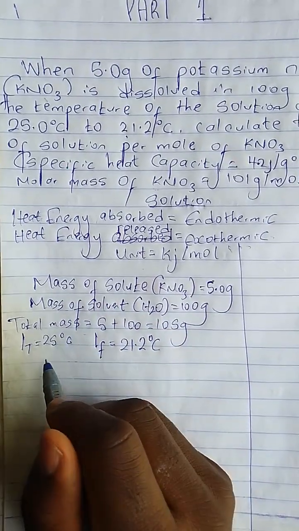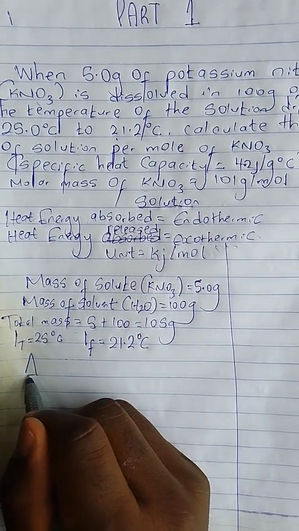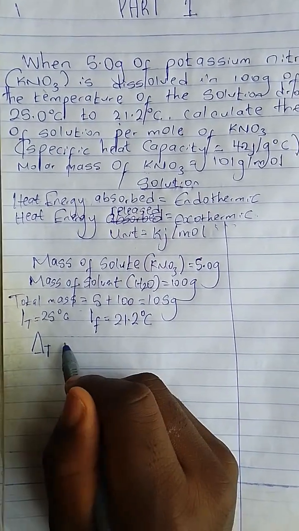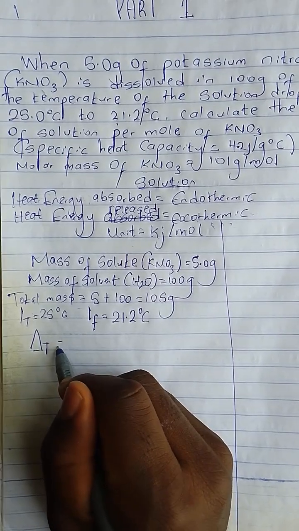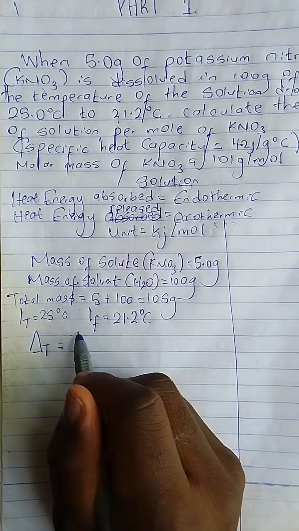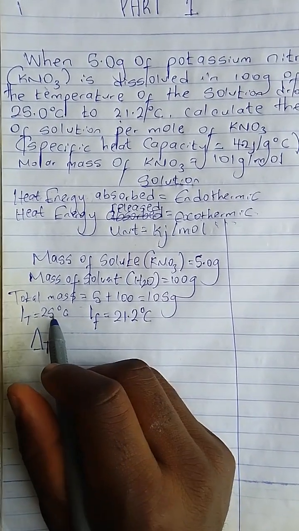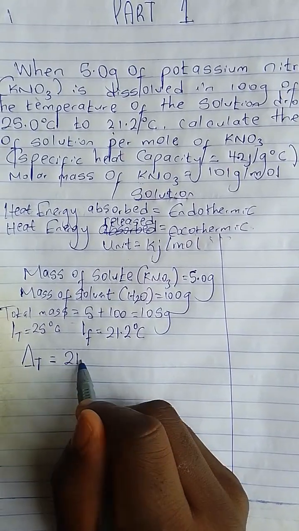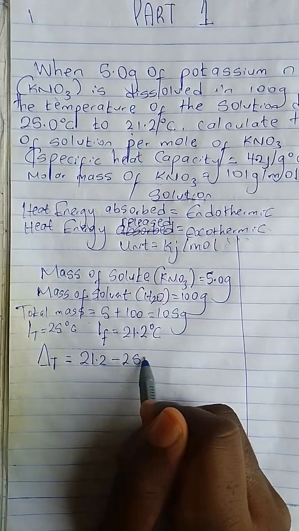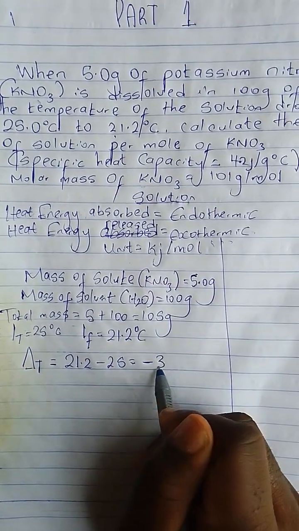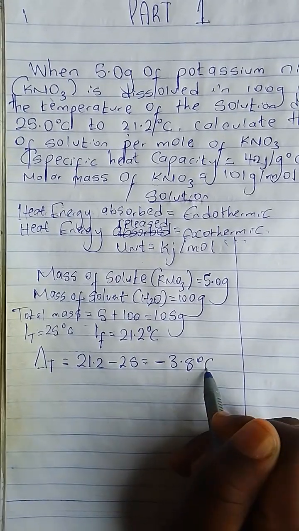Therefore, in the question we need to find the change in temperature. The change in temperature will be final temperature minus initial temperature, which is 21.2 minus 25, and that will give us minus 3.8 degrees Celsius.